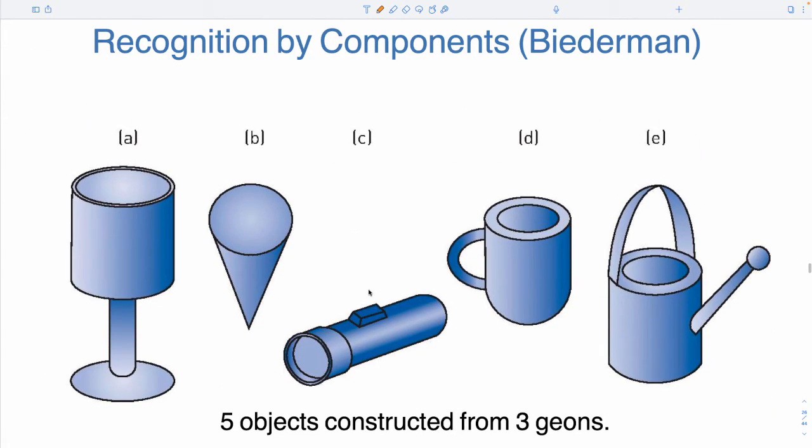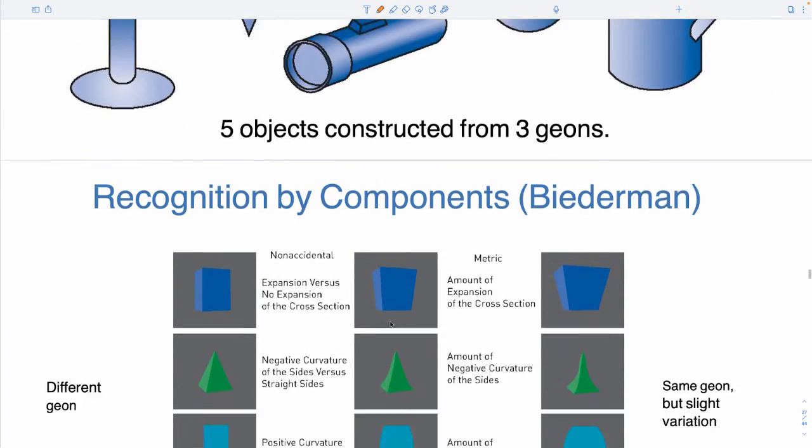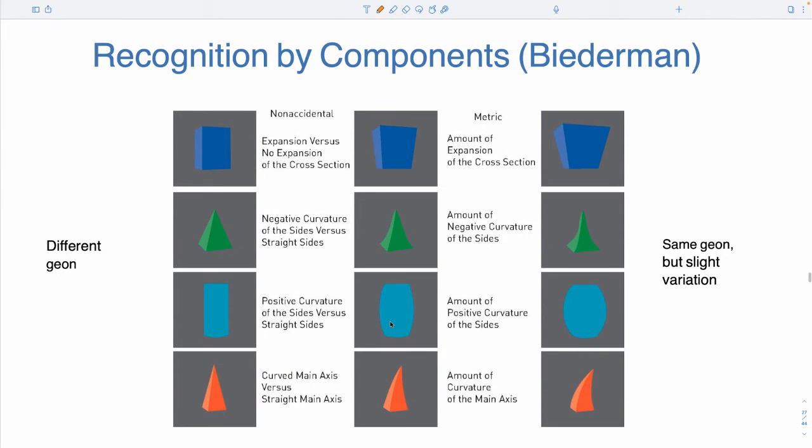And so here's an example of 5 objects constructed from just 3 different geons. Here we can see that if we're looking at this row, this object looks kind of like a wastebasket, right? But this particular geon, and here it's a different geon entirely.